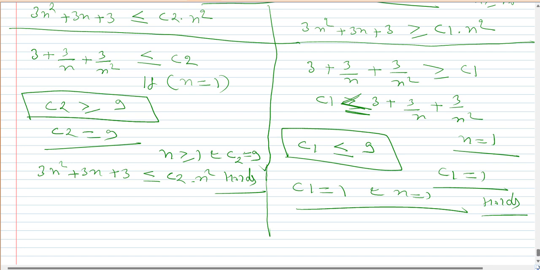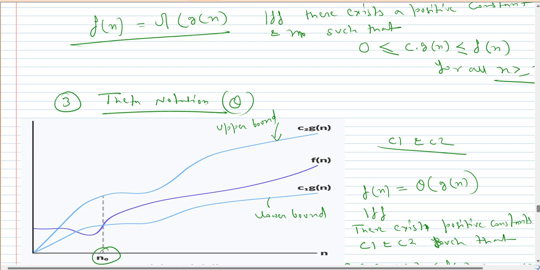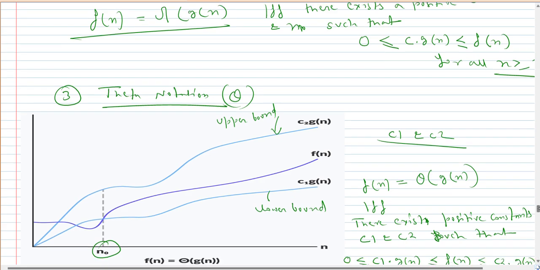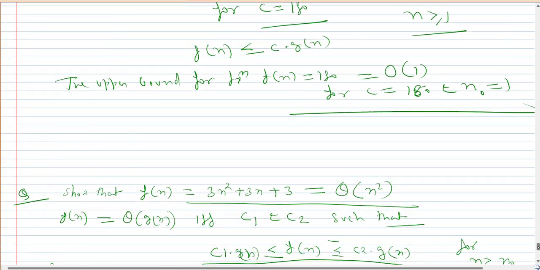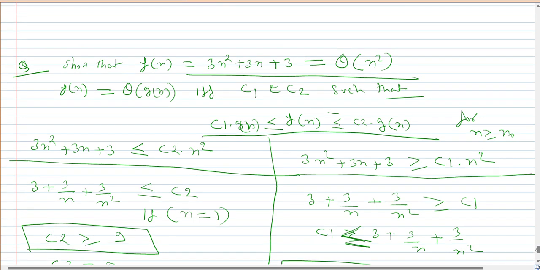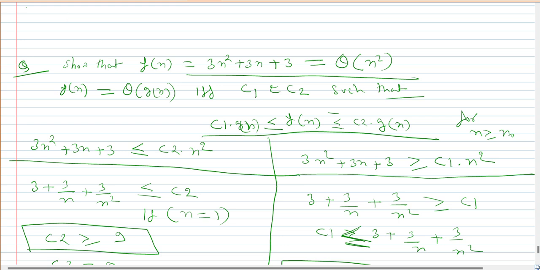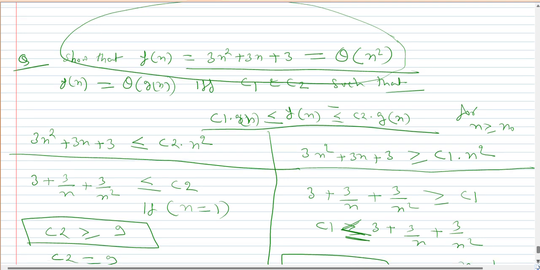So I can say that our function F(n) is of the order of theta n square.